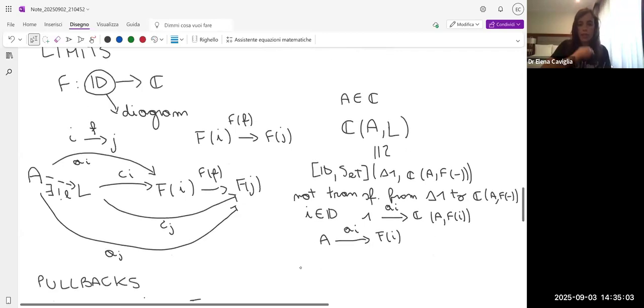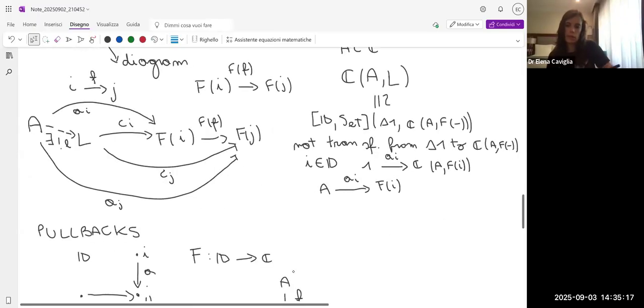And the naturality condition of this natural transformation is precisely saying that if we now have two of them, and a morphism between them, so let's write down the naturality condition. We have A, i and j, and we have a morphism f. So we have α_i and we have α_j as well, and now we have the image of f under the constant functor.